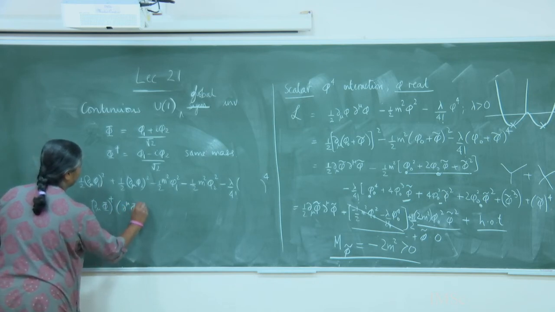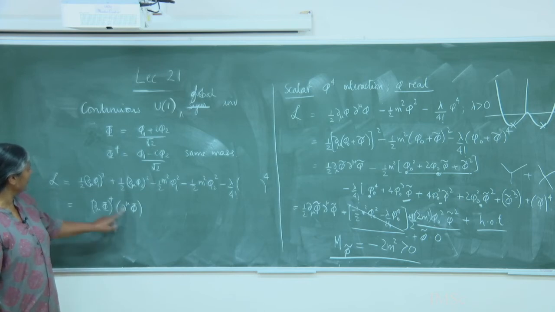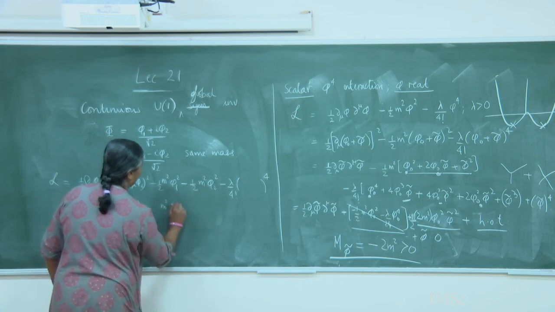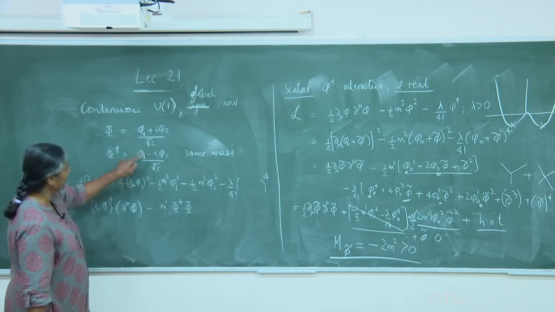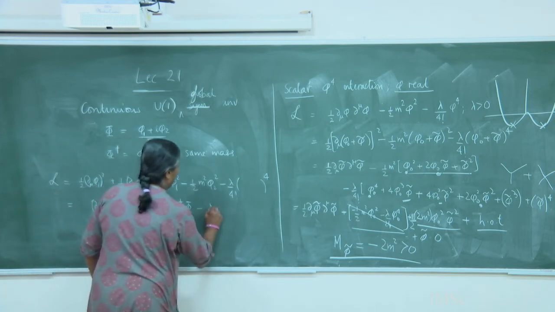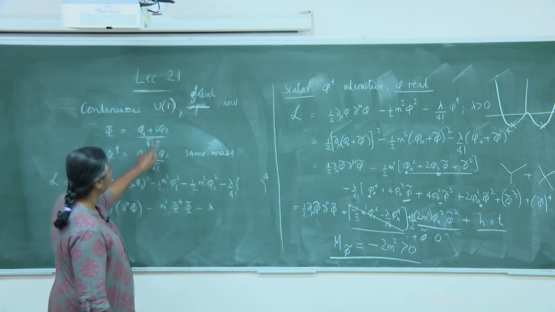You can check this. There is a 1 by root 2, 1 by root 2 in each of them, which will give you this half term. Okay. Again, I can write the phi 1 squared and phi 2 squared as phi dagger phi, and again that 1 by root 2, 1 by root 2 will give that half that is required over here. And now there is a power 4, so I will get 1 by root 2 to the power of 4, which is a 4.